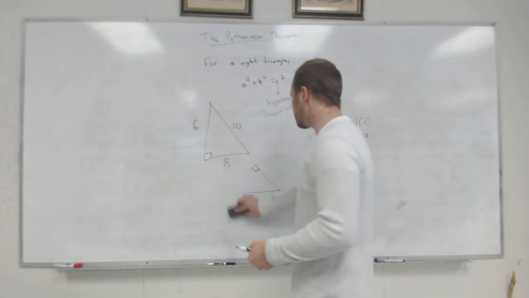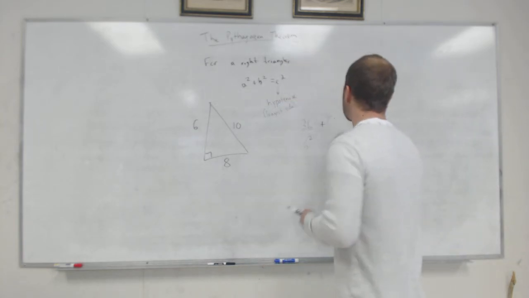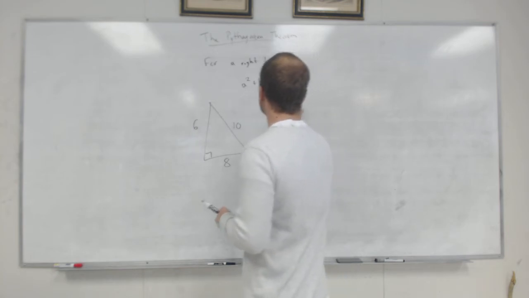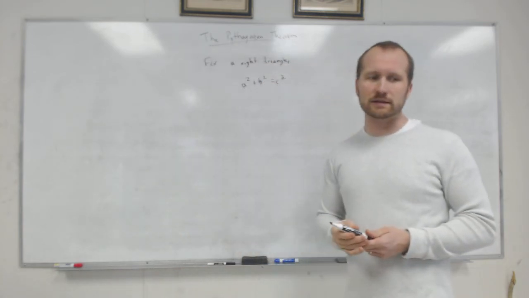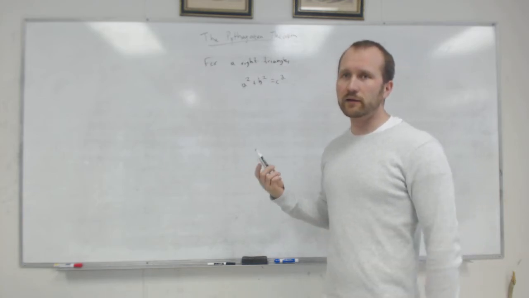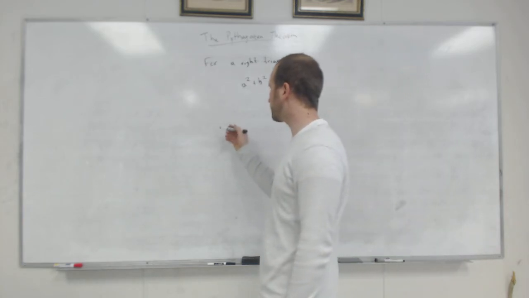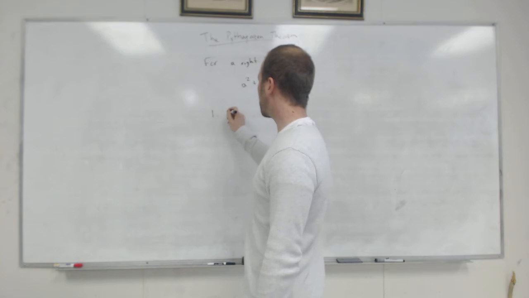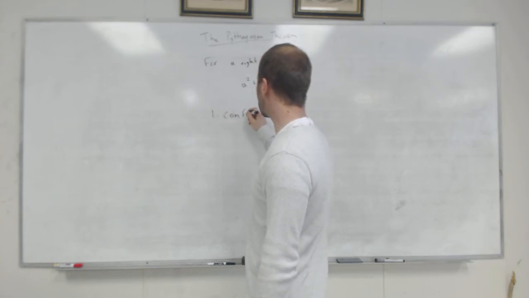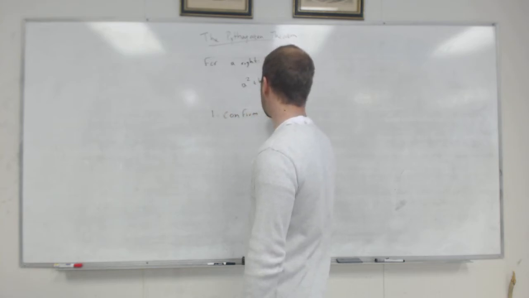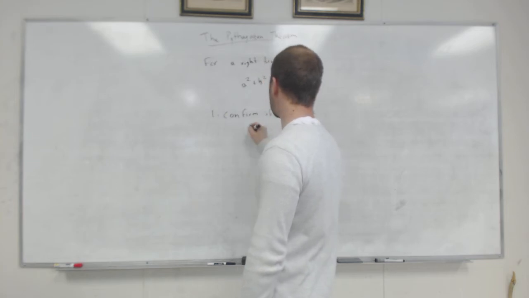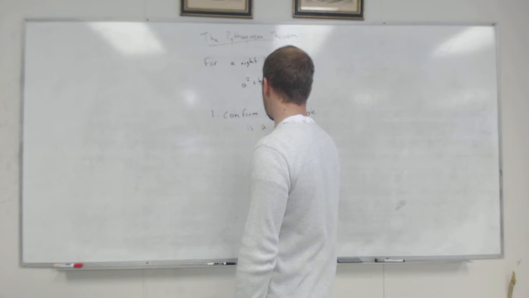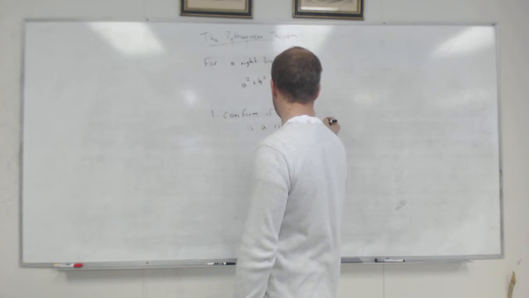So what else does the Pythagorean theorem show us? We can use this right now for two different reasons. The Pythagorean theorem can, one, confirm if a triangle is a right triangle.